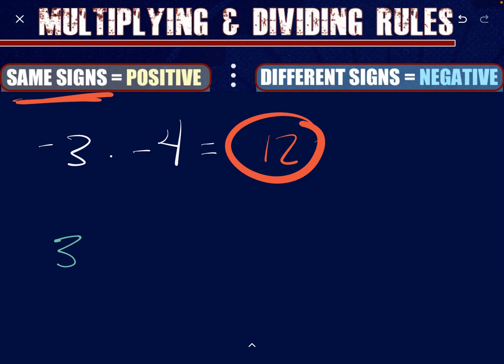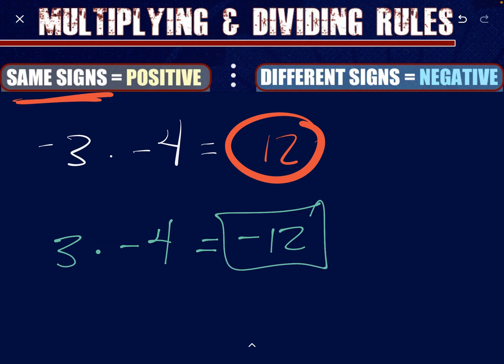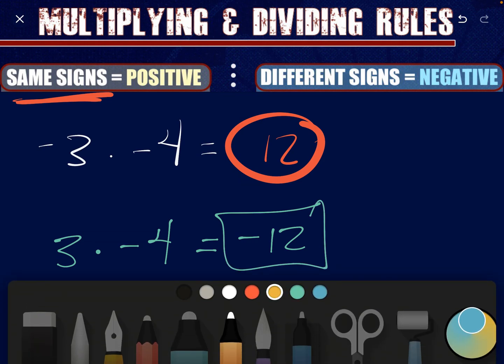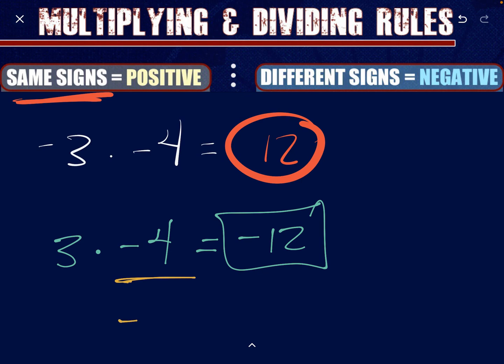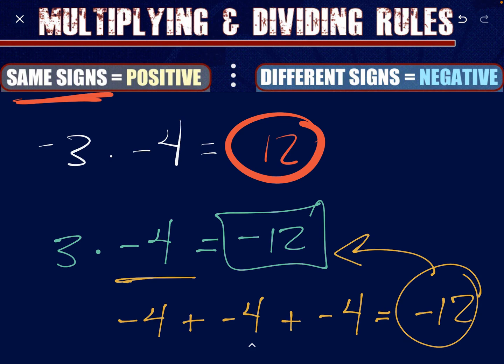If we're talking about 3 times negative 4, which is a different problem, 3 times negative 4 is negative 12. Okay? Let's say you have 3 negative 4s, which would be 4 steps back plus another 4 steps back plus another 4 steps back. You end up 12 steps behind where you start, right?